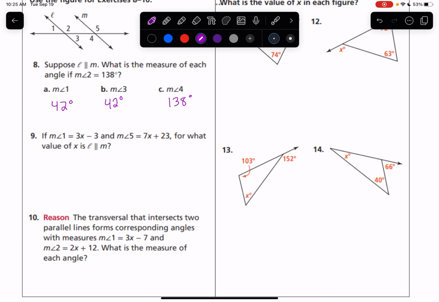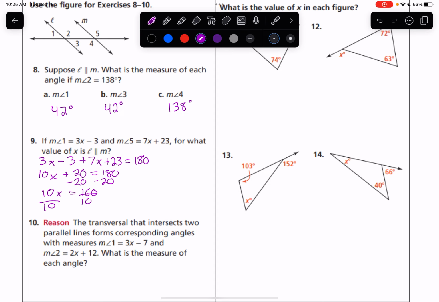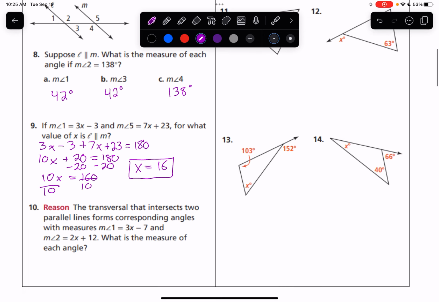So we make that equation. 3x minus 3 plus 7x plus 23 equals 180, and then we can solve that. Divide by 10, we get x equals 16. So if x is 16 degrees, those lines are parallel.